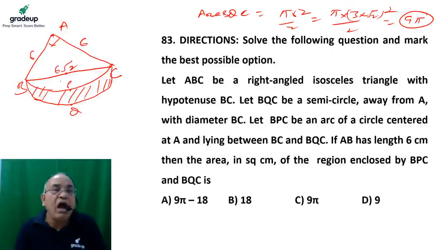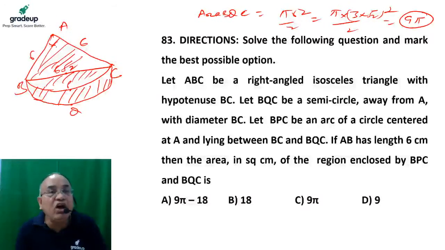Okay. Now, if I subtract the area of BPC from it, as you know, BPC is an arc and BC is a chord to this circle whose radius is AB. So this is nothing but a kind of sector.